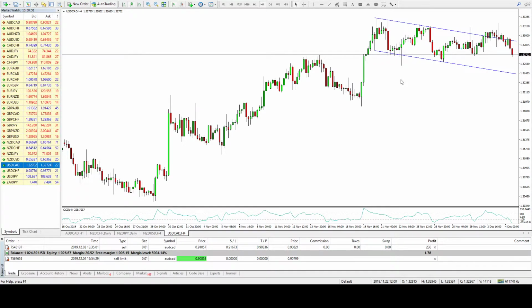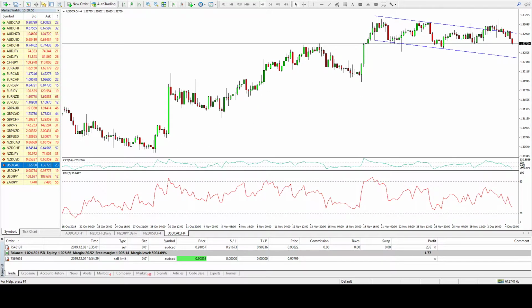We're forming a flag on dollar CAD on 4-hour chart with the oversold. Let me put an RSI here. That's fine.